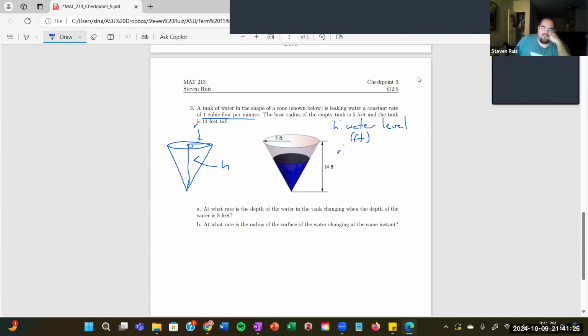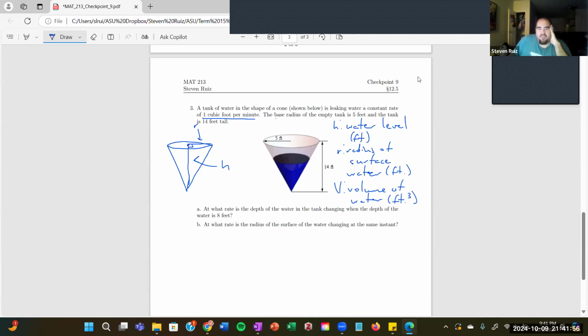So I'm going to say that's the radius of the surface of the water. That's also going to be measured in feet. And something that's implied here is that I'm looking at a volume. So I'll call that capital V, volume of water. And if these lengths are measured in feet, then this is feet cubed.